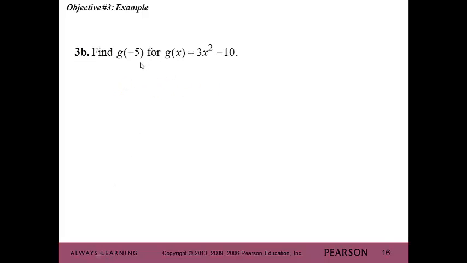G of negative 5, well, g of x is equal to 3 times x squared minus 10. What's replacing the x? Negative 5. So we're going to do that. G of negative 5 will be equal to 3 times negative 5, whole thing squared, minus 10, which is going to come out to be 65.